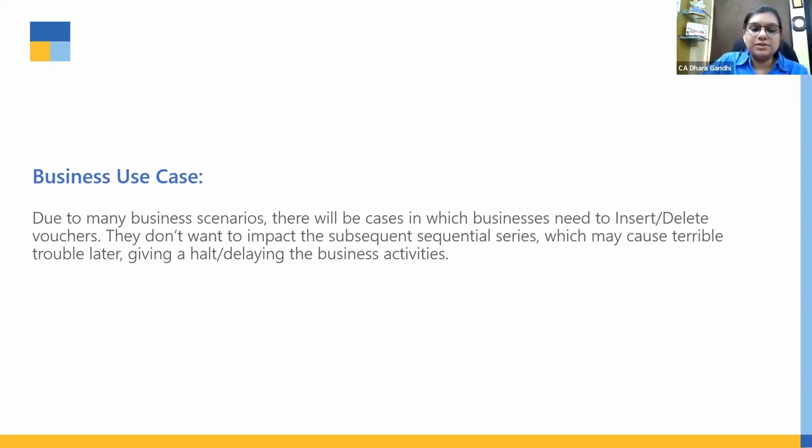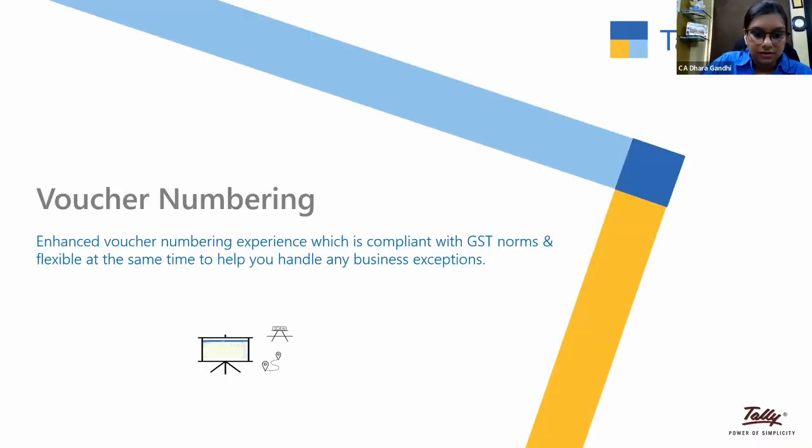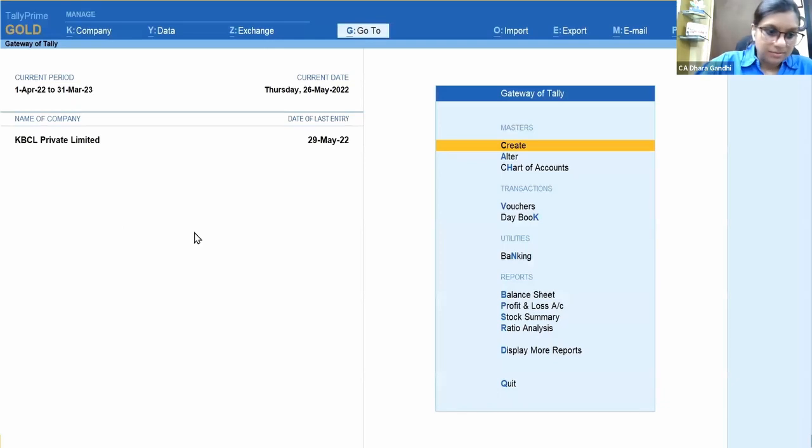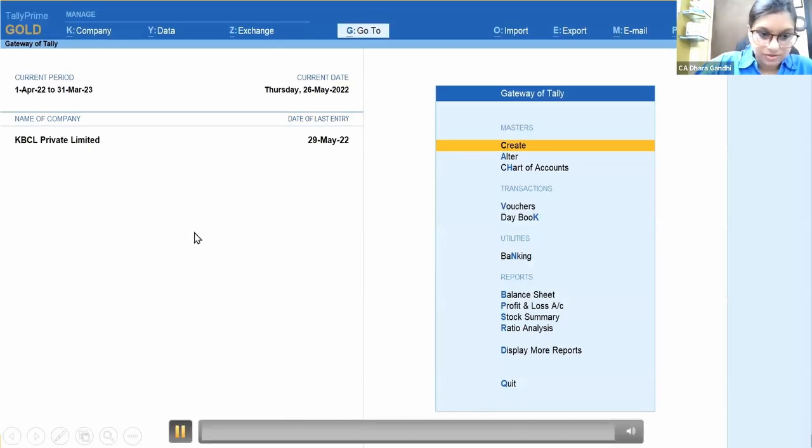Suppose I need to put some voucher backdated and I don't want to disturb the sequence of vouchers, or I have to delete some backdated vouchers and I don't want to disturb the voucher sequence series of the next vouchers. What is to be done? There is a simple technique used, voucher numbering. I'll show you how it is used.